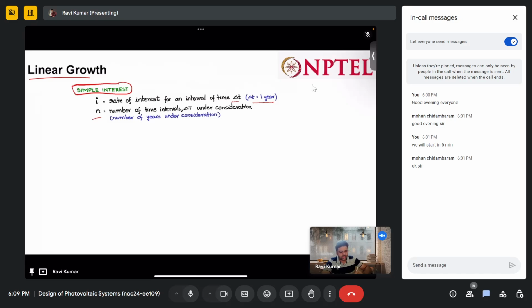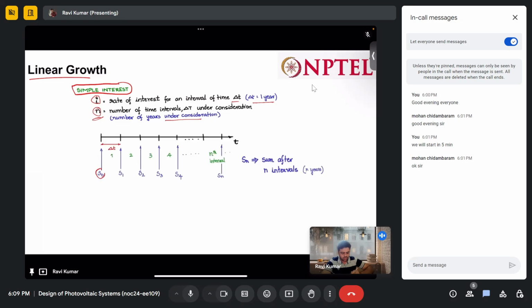So I is the rate per year and n is the number of years. We have some amount S naught initially. After 1 year it becomes S1, then S2, S3, S4. After the nth year it will become Sn.